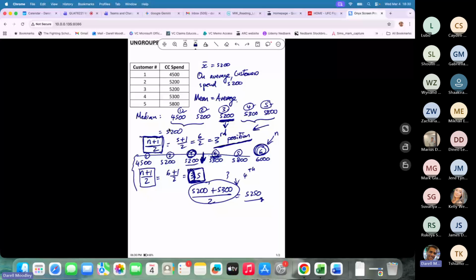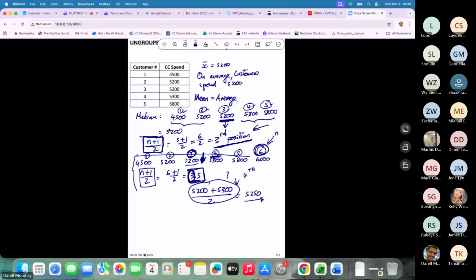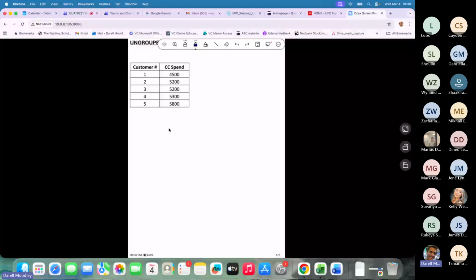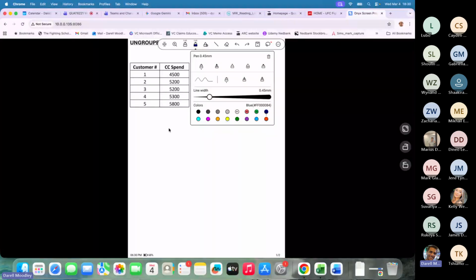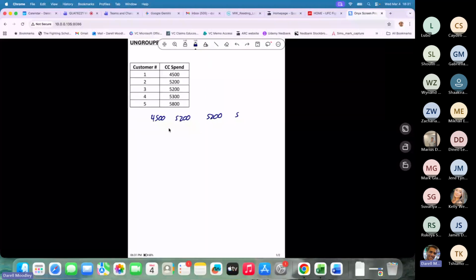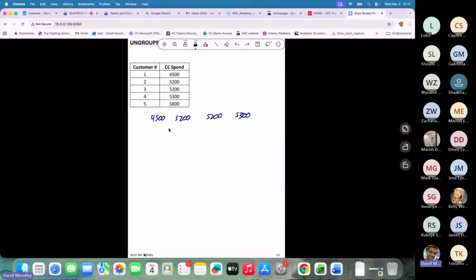Let me erase everything here. So when we worked out our median, remember we ranked our data. It's 4,500, 5,200, 5,200, 5,300, and then 5,800.